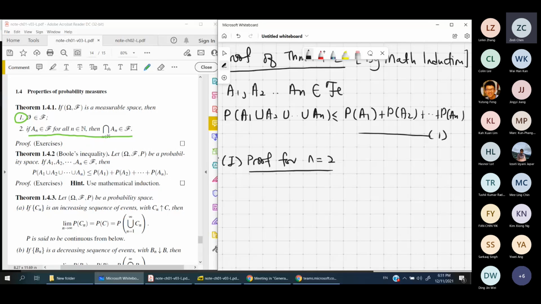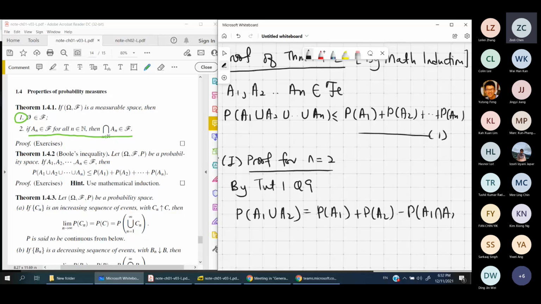You may refer to tutorial 1, question 9. P of A1 or A2 is equal to P of A1 plus P of A2 minus P of A1 and A2. Please verify this in tutorial 1. However, I believe you should have seen this before.